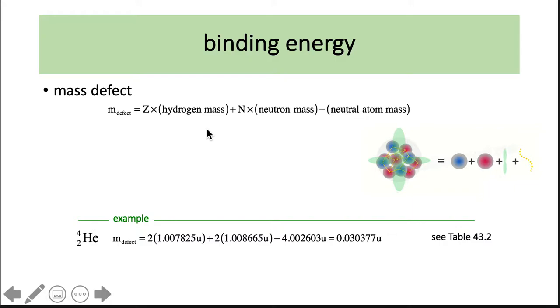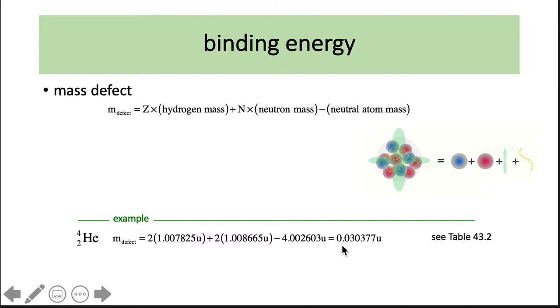Here's an example. Take helium 2,4, so helium with 2 protons and 2 neutrons. The mass defect would be 2 times the mass of a hydrogen atom, 1.007825 U, which includes 2 electrons, plus 2 free neutrons, 2 times 1.008665 U, and then subtract the entire mass of a neutral helium atom, which is 4.002603 from the tables.